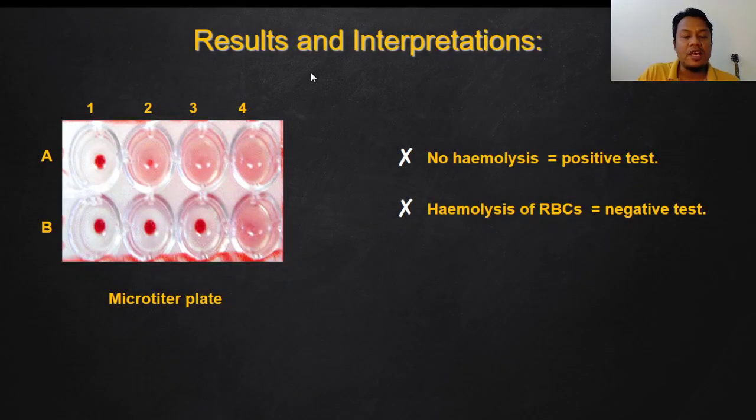This is how the results are interpreted in the labs. This is what you can observe with your naked eyes. Mostly CFT is performed on a microtiter plate. As we can see here, no hemolysis means a positive test. I mean the patient does have the infection, the pathogen in his or her blood. You can observe the result here.